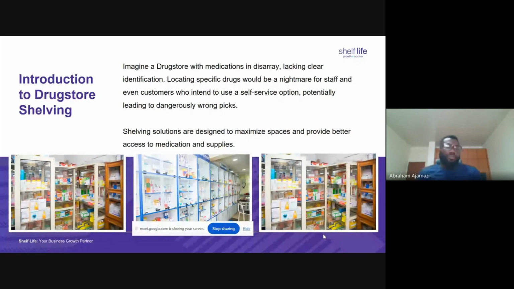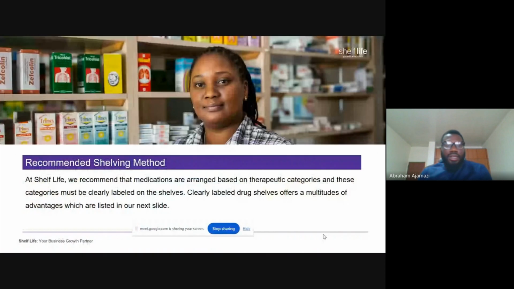So shelving solutions are designed to help not just to maximize spaces and provide better access to medication and supplies, but also to help you stay on guard, not to make errors that could be detrimental to the health of your customers.